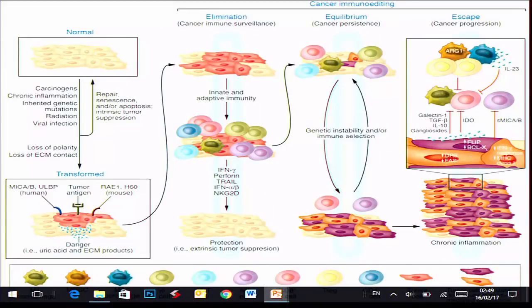Now we know, on the macro level, that the immune system is in charge of defending our body. If, for example, a normal cell accumulates mutations, those normal cells will start transforming themselves into cancer cells. If the intrinsic mechanisms in those cells, like P53 that Avi just told you about, are not working, those cells will continue to live and might be recognized by the immune system and will be killed.